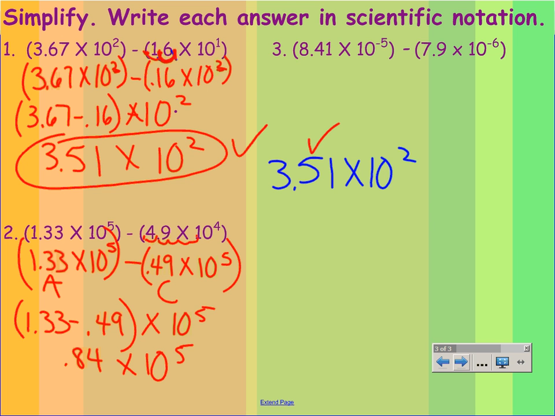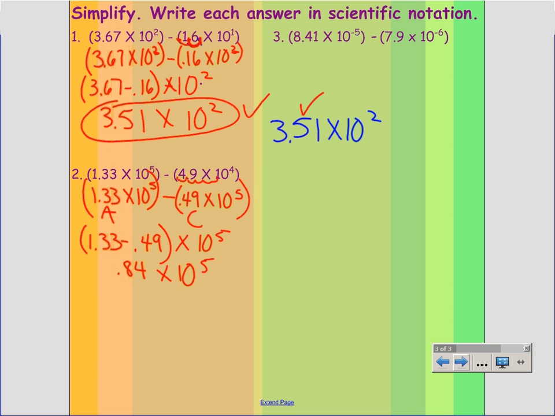Doesn't look like that's going to work, does it? So we have to change it into scientific notation. How do I do that? I know the decimal needs to go between the 8 and the 4. In this position, I would move it 5. So now, when it's between the 8 and the 4, I only have to move it 4 places. If it helps you, you can do this. Say 0.84.